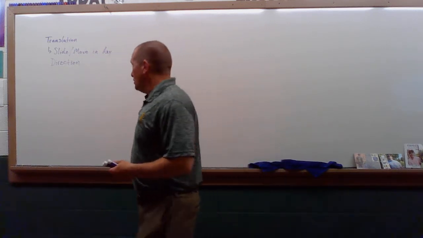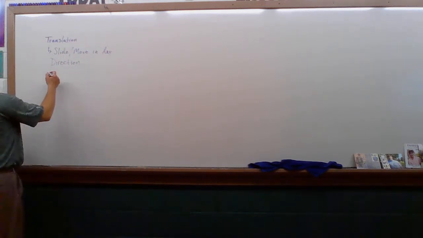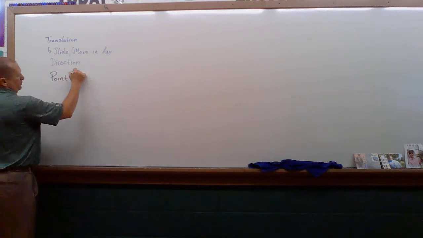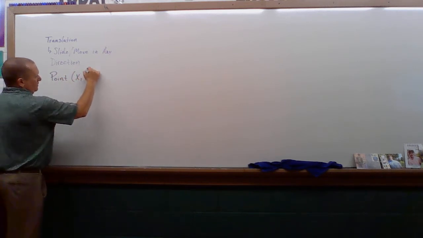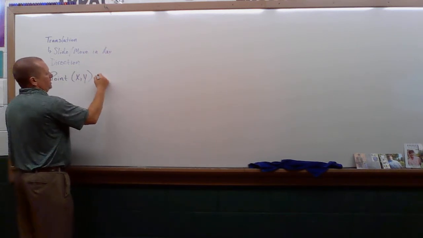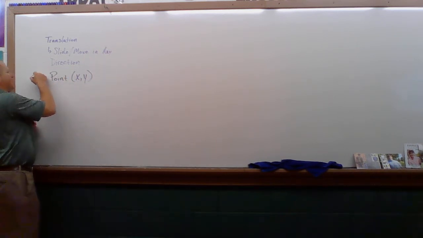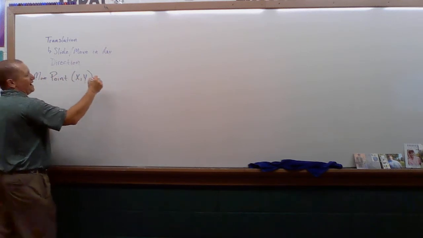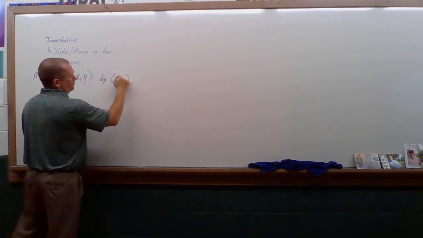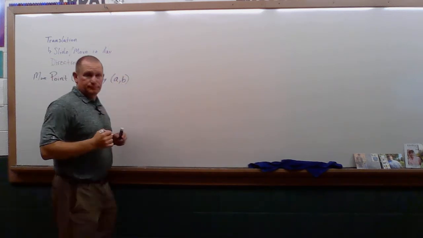So basically what we're going to look at is they're going to give us a point, and we would call that point obviously xy. Now obviously there could be several points because it could be a triangle or a pentagon or whatever it is. And we're going to move point xy by an ordered pair, and that ordered pair they're going to represent as AB.